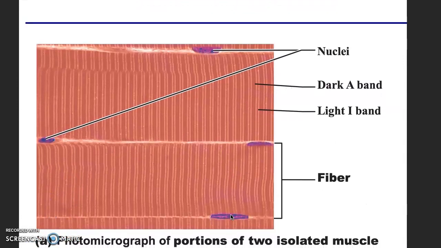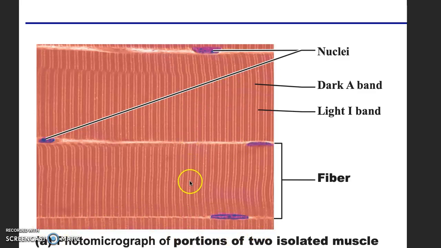So this is a microscopic section of the skeletal muscle. This is broken down into three sections, two and a small other section.